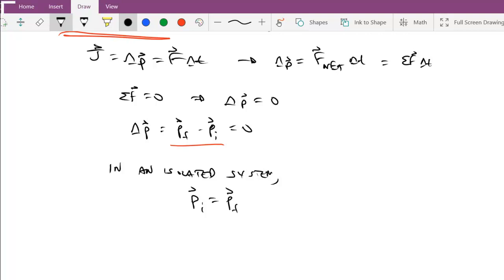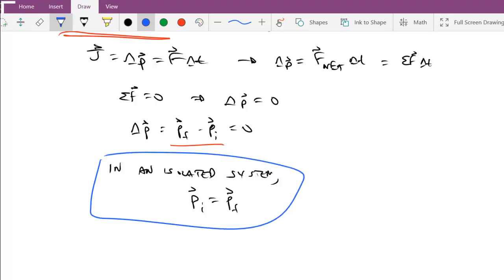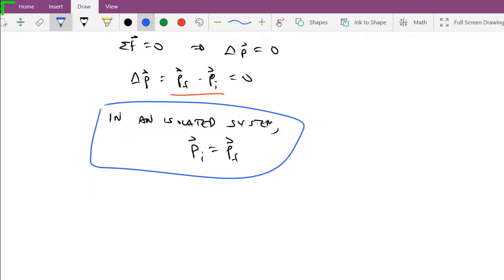This is what we call conservation of momentum. In an isolated system, we have no change in momentum, or the initial momentum is equal to the final momentum. This is particularly useful in collisions. So this is conservation of momentum.